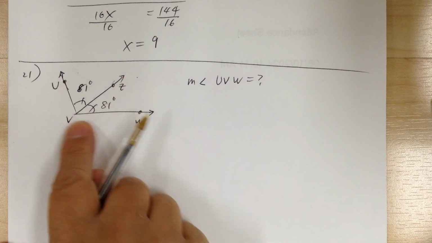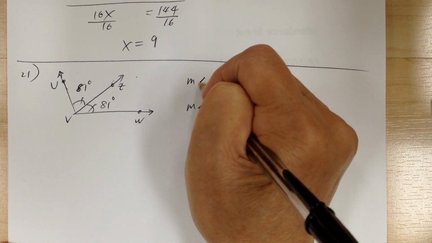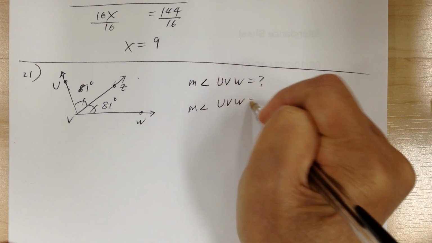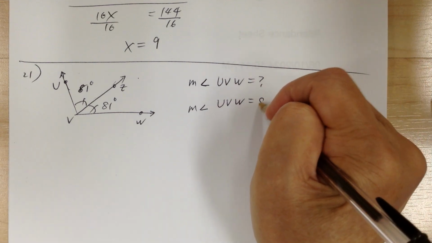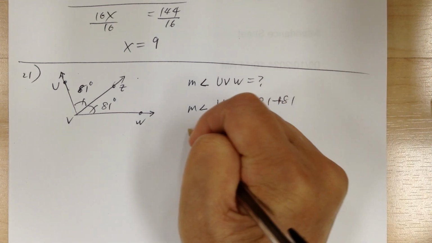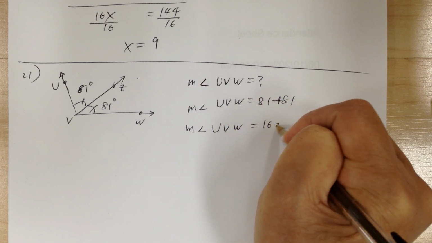UVW is going to be 2 times 81 or 81 plus 81. So the measure of angle UVW equals 162 degrees.